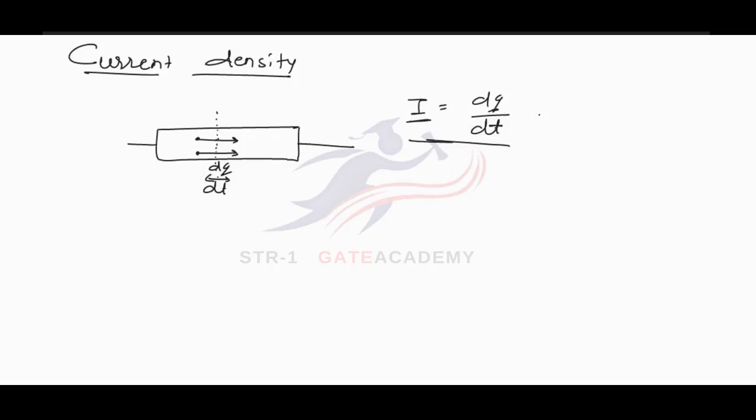In semiconductors, when the charge carriers move, there will be change in charge with respect to change in time, and we will define the current in the semiconductor. But we have already seen that in a semiconductor, charge carriers move due to two mechanisms: number one, drift mechanism, and number two, diffusion mechanism.